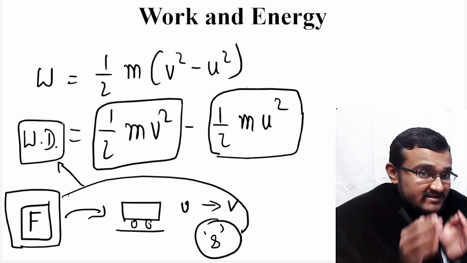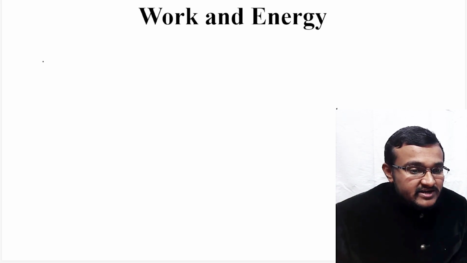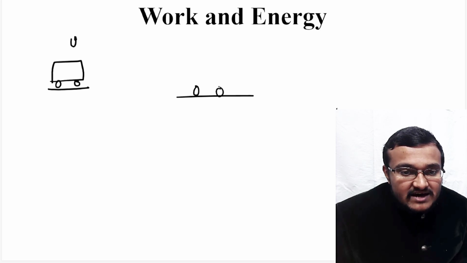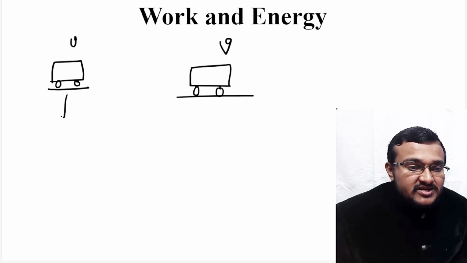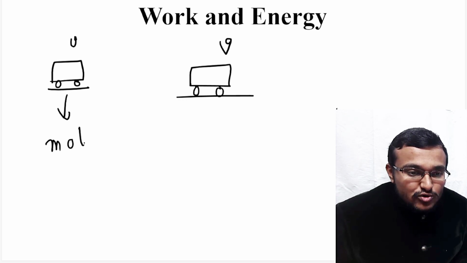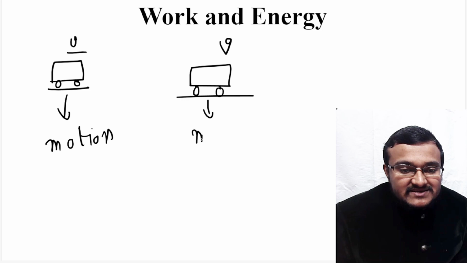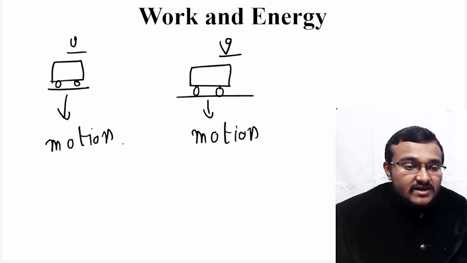So that means whenever this particular car was traveling at its initial speed u, and when this car was traveling at its final speed v, here also car is in motion when it is traveling at speed u. Here also car is in motion when it is traveling at speed v.